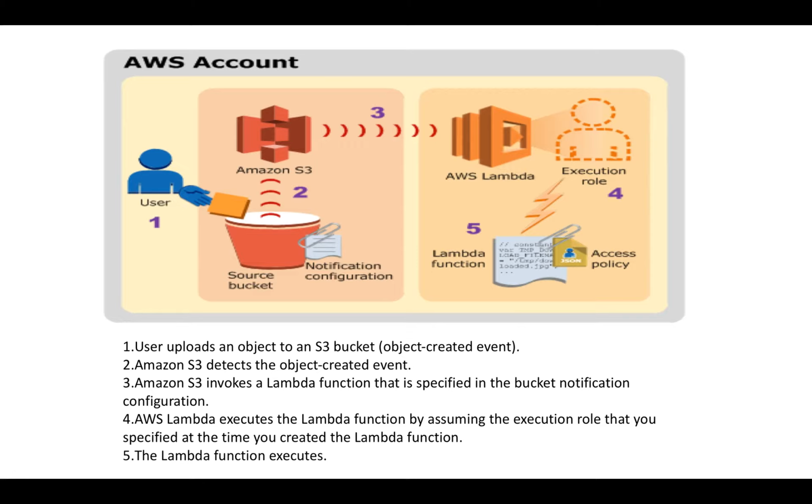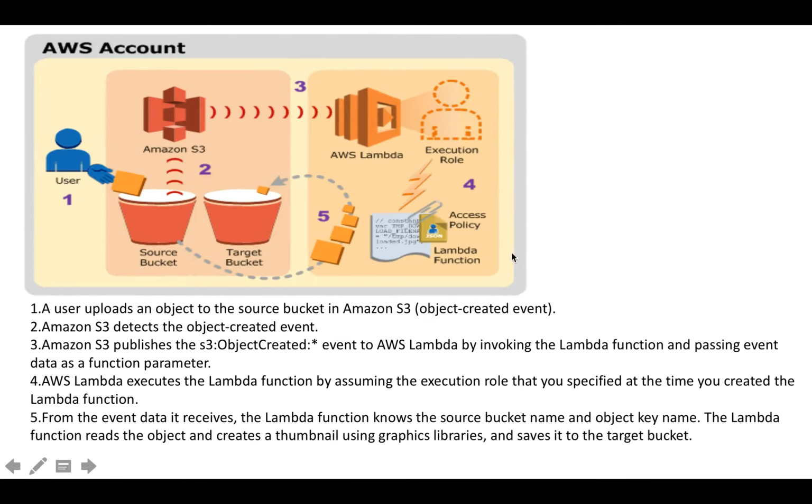Remember we saw the put object event record. That information will be passed to Lambda. Then Lambda will quickly validate the IAM role and the policy, and if everything looks good, then by using the event information, it executes the code you have already attached. This is the example.